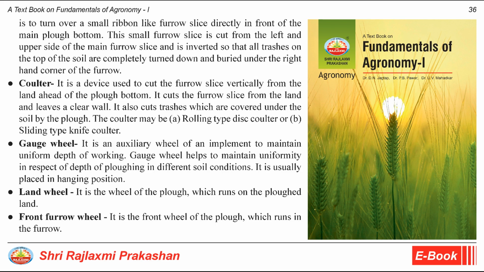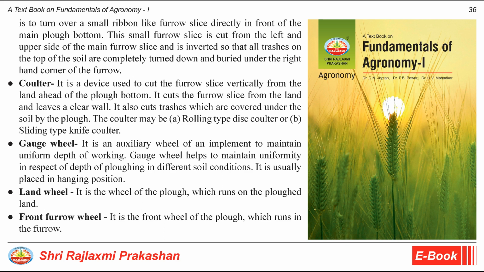Its purpose is to turn over a small ribbon-like furrow slice directly in front of the main plough bottom. This small furrow slice is cut from the left and upper side of the main furrow slice and is inverted so that all trashes on the top of the soil are completely turned down and buried under the right-hand corner of the furrow.